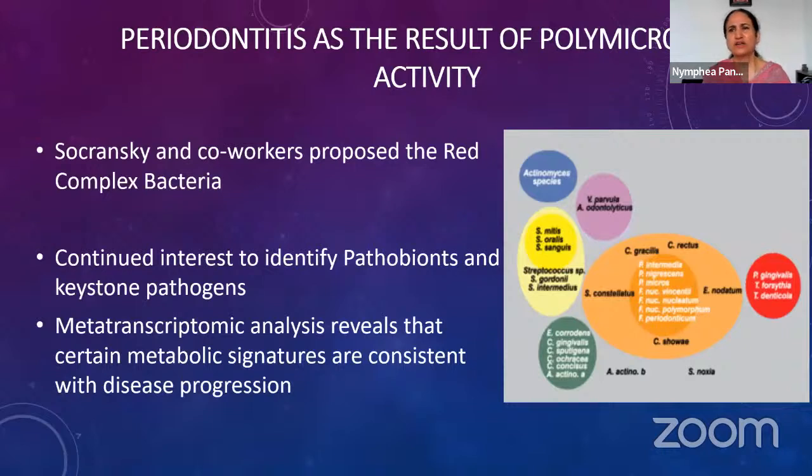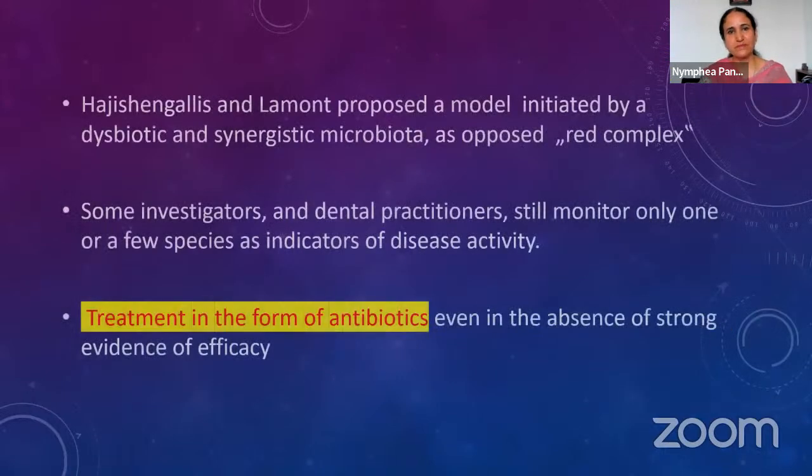So there was continued interest in whether there are pathobionts and keystone pathogens. Then we thought that P. gingivalis is the keystone pathogen, and it causes other bacteria to change into pathobionts, and they ultimately cause local dysbiosis, and that is how disease is caused. So this was the first step towards the concept of dysbiosis.